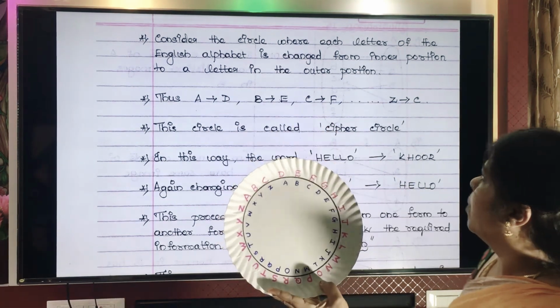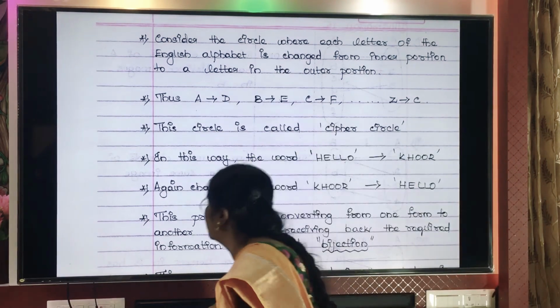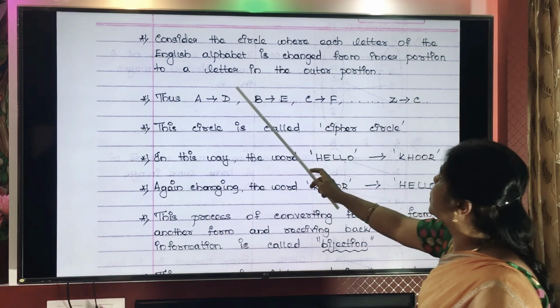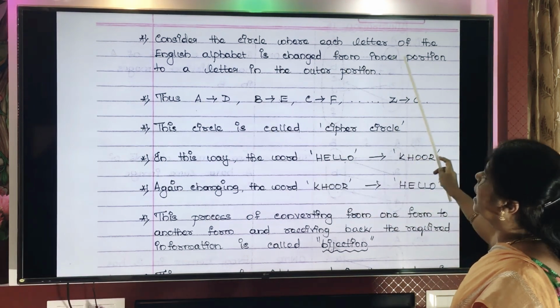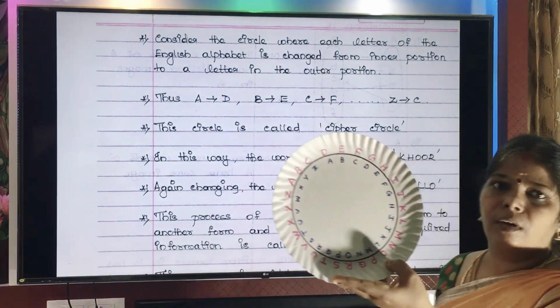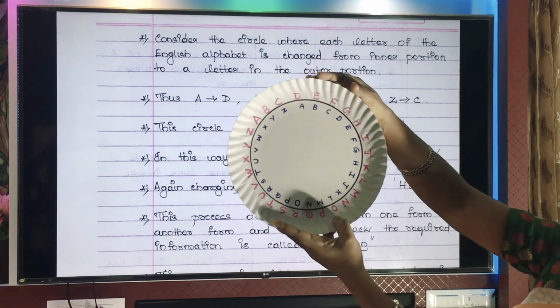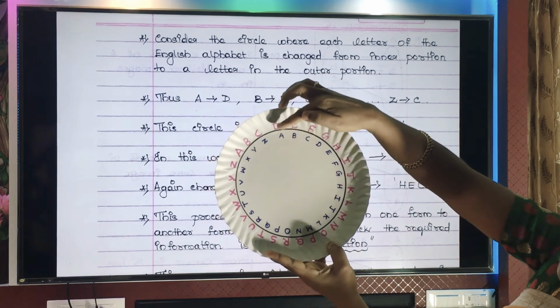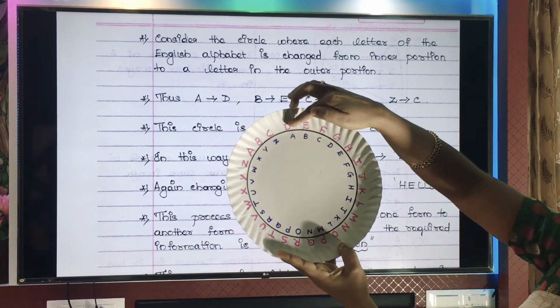Now the first point here tells: consider the circle where each letter of the English alphabet is changed from the inner portion to a letter in the outer portion. So if inner portion is A, what will be the corresponding outer portion letter?